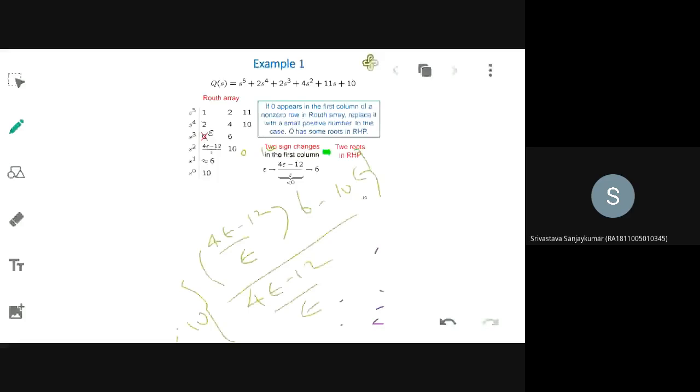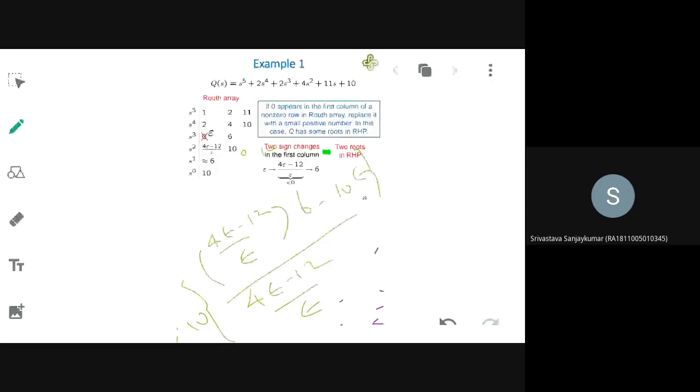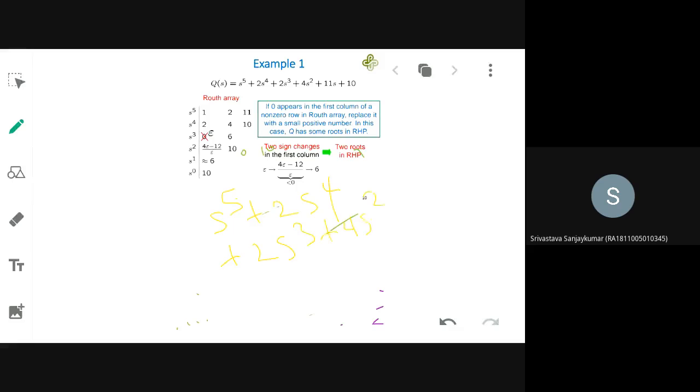Okay, there's a pop-up, let it go. Yes, ma'am, what's the polynomial? S to the power 5 plus 3 S to the power 4 plus 4s to the power 2 plus 11s plus 10.